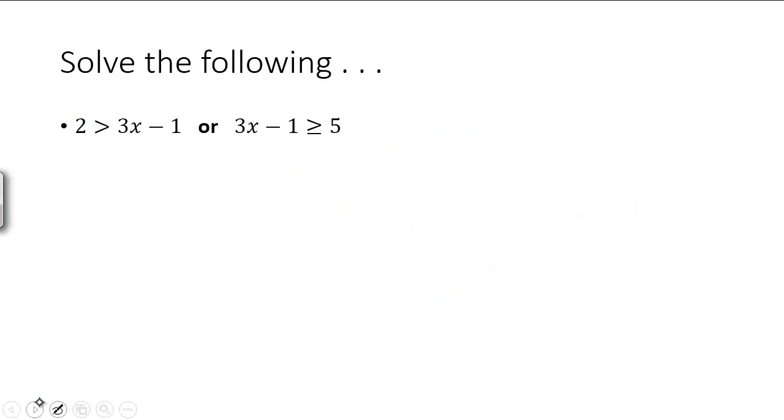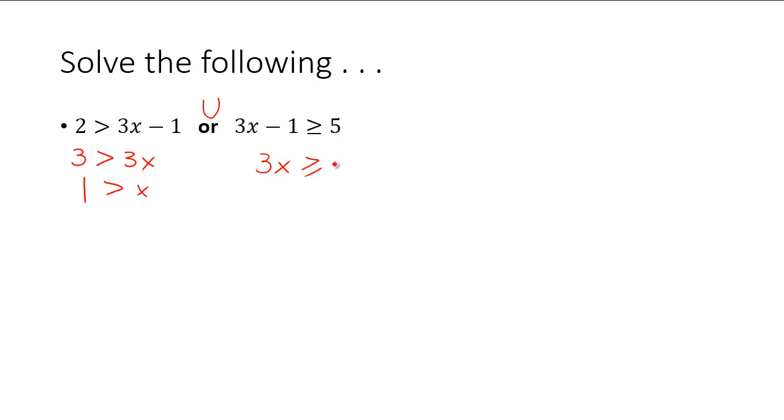Here's an OR statement, meaning this is a union of the answers of these inequalities. Here we can add 1, we get 3 greater than 3x, x is less than 1 with the division of 3. The other side says plus 1, and similarly as before, it's the exact same equation except it has an equal sign here.